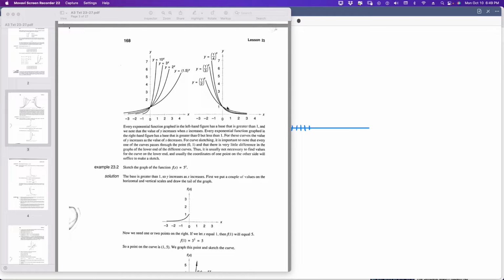What happens then is our function shape is flipped, and our vertical asymptote is on the positive side of x, and our y is on the negative side of x, and it does the opposite thing.